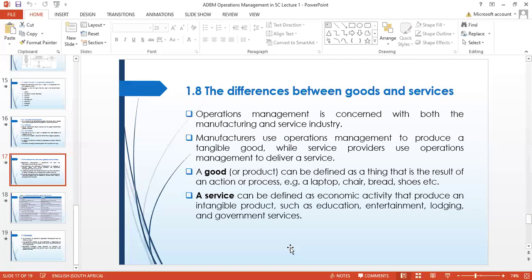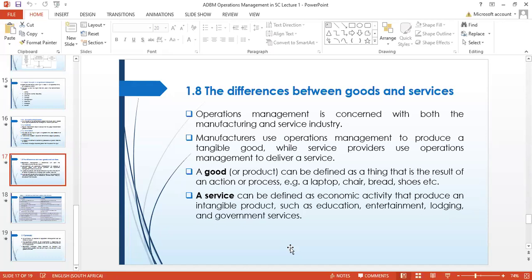We're talking of education, it's a service. You don't see it, but entertainment, lodging, and other various services that are provided by the government within a country, right? So you need to be able to know what a product, or a good, is, or what a service is, right?